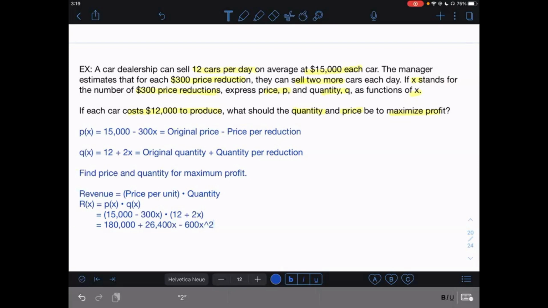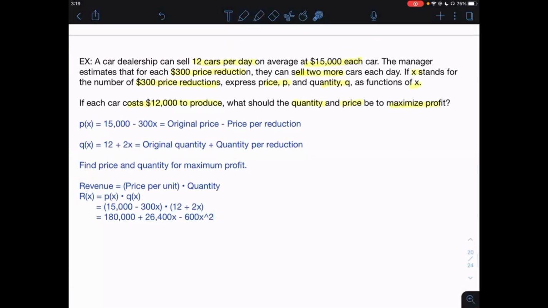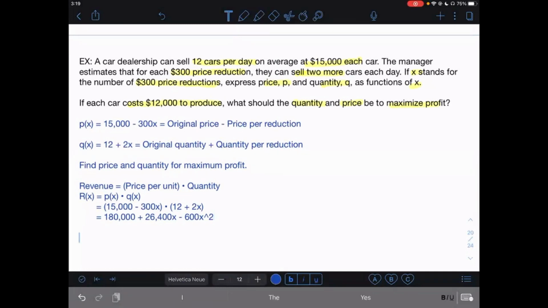All right, so we got a revenue function. We're taking our price function times our quantity function. But now we got to define our cost function. The cost function here is going to be defined as the cost per unit, also known as the unit cost, multiplied by the quantity, how many cars we're going to be making.